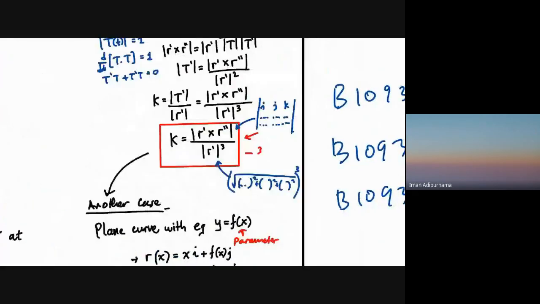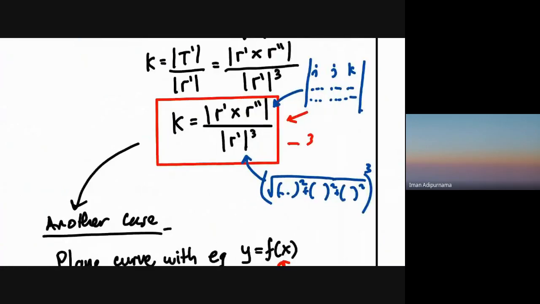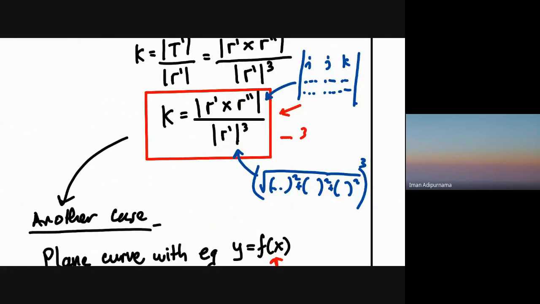And how are we going to use it? First, if you have only the vector function and you want to know the curvature at some point, you can directly use this: it's just using r prime, r double prime, and dividing by r prime cubed.